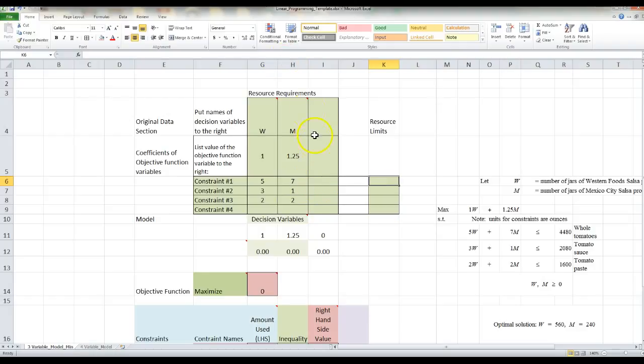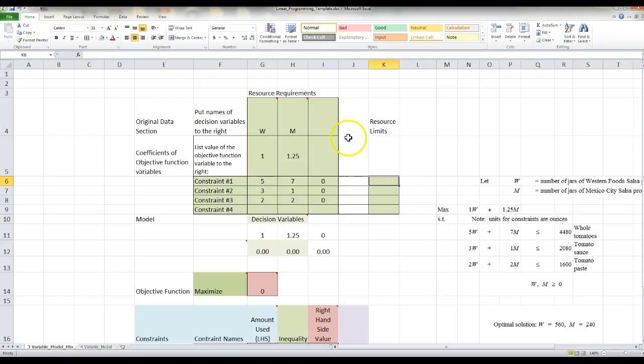I don't have a third value here, so I'm just going to leave those blank. But just to highlight the fact that I'm not using these values, I'm going to make them all 0. The right-hand side resource limits for whole tomatoes, tomato sauce, and tomato paste, I'm going to put out here.